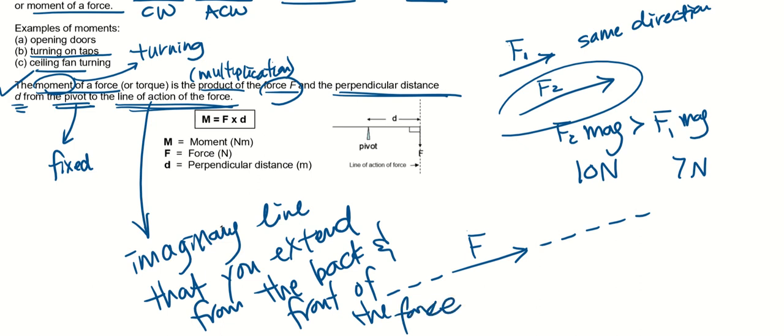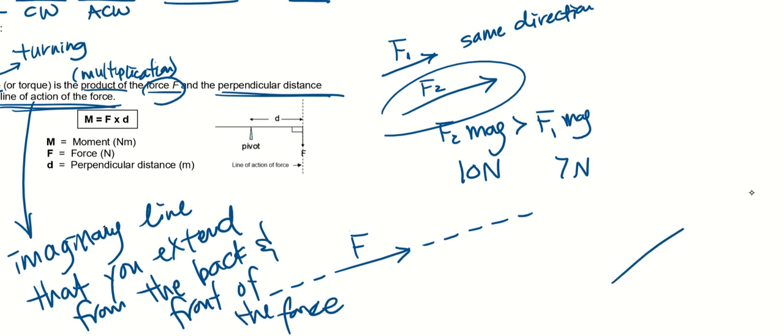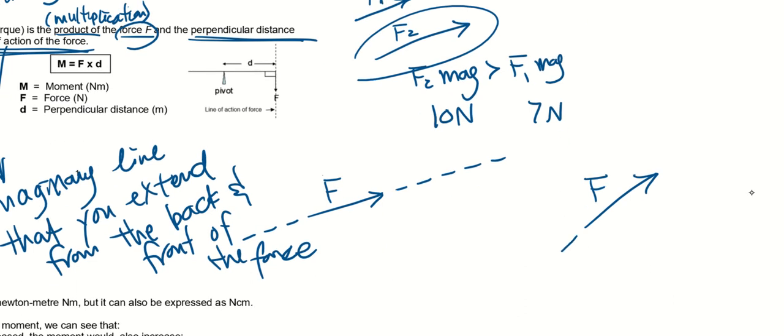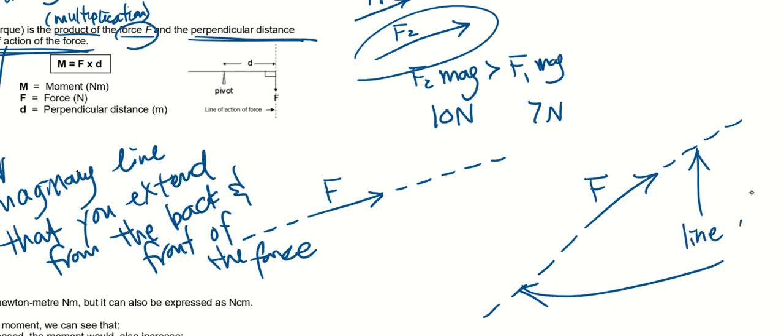If I have a force presented this way, you take a ruler, you draw the front and the back and extend this force in this direction. Why do I use a dotted line? The dotted line shows it is imaginary. It's not actually the force, but it is the line of action of the force. So this is the line of action of the force.